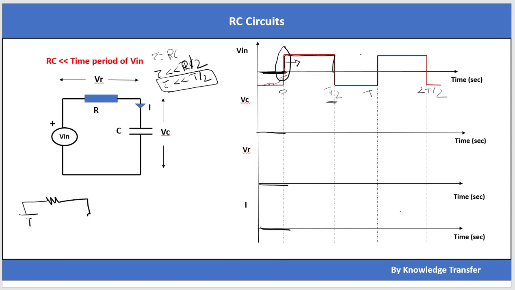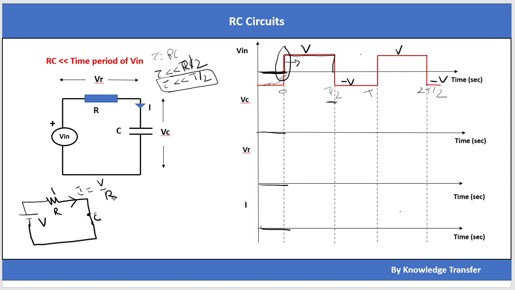The capacitor is short circuited, and there is a resistor. So if I write the current flowing through the circuit, this will be V by R. So assume this is V, this is minus V, this is plus V, this is minus V. Okay, let's assume like that.